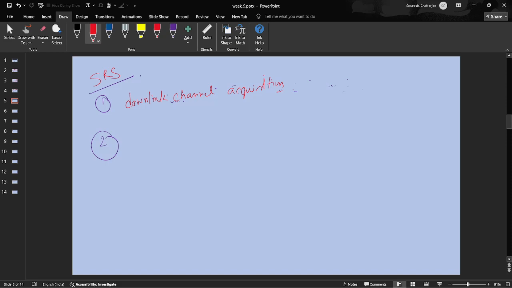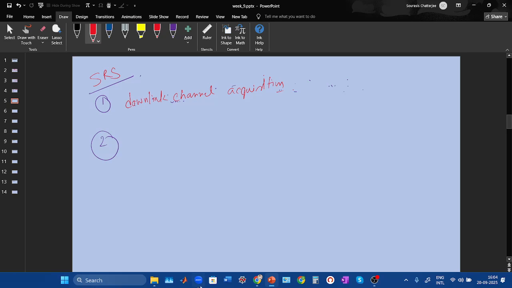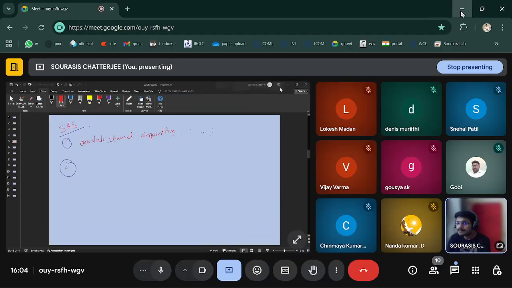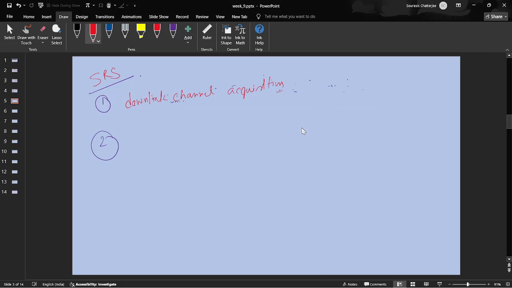So basically, the user transmits the SRS, the base station does the channel estimation of the uplink channel, and it can use the same for the downlink. Fine. Any other use of SRS? Any of you would like to point out? Other than downlink channel acquisition at the base station?